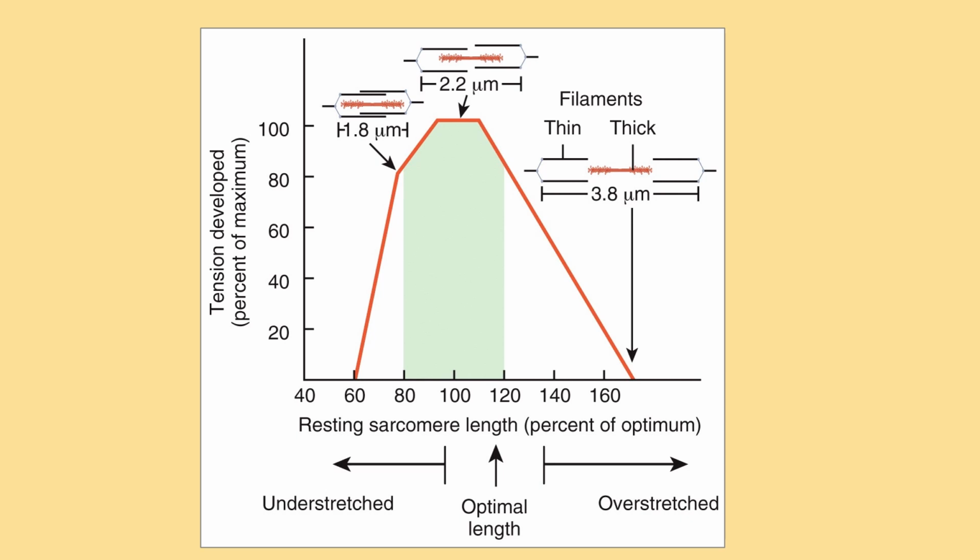And then let's look at the horizontal axis. The horizontal axis is resting sarcomere length, percent of optimum. We're going to talk about what optimum means in just a moment. But for now, the horizontal axis is resting sarcomere length. So is the sarcomere short? Is the sarcomere long? Is the sarcomere somewhere at a medium length when muscle contraction begins?